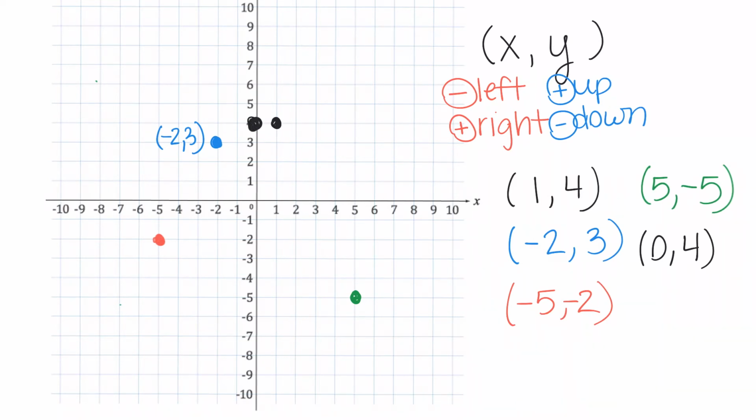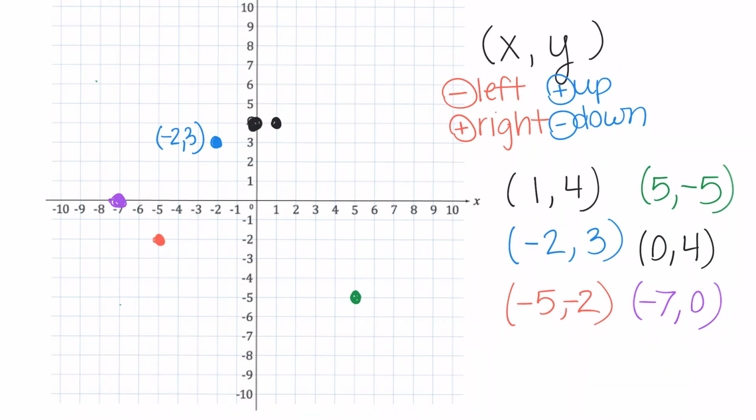I can do that too for the exact opposite. Let's say we've got (-7, 0). Back to the origin, I'm going to go over to -7, but I have a 0 for my y. So am I going to go up or down? Nope, I'm going to stay right there, right on the x-axis, and plot my point.